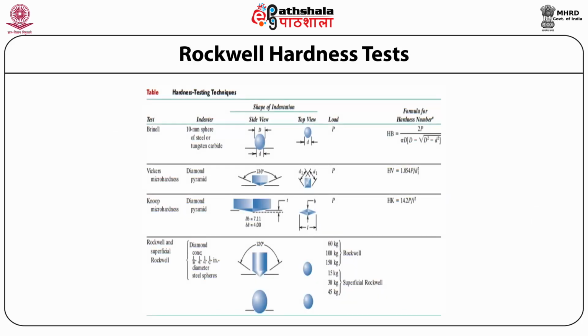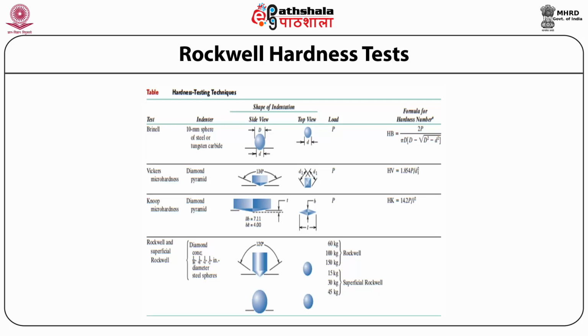Here is the table giving the hardness testing techniques. There can be various tests as we studied: Brinell, Vickers microhardness, Knoop microhardness, Rockwell and superficial Rockwell. Then according to the different tests, there are different indenters. Then the shape of indentation is also different.